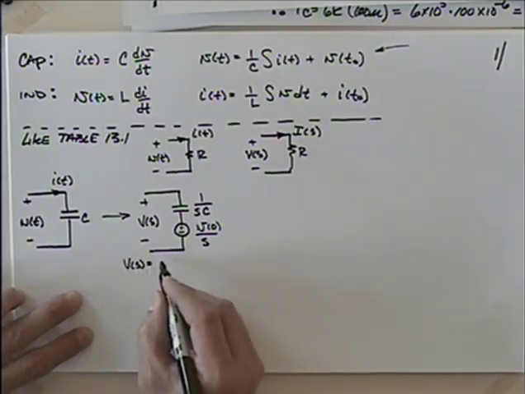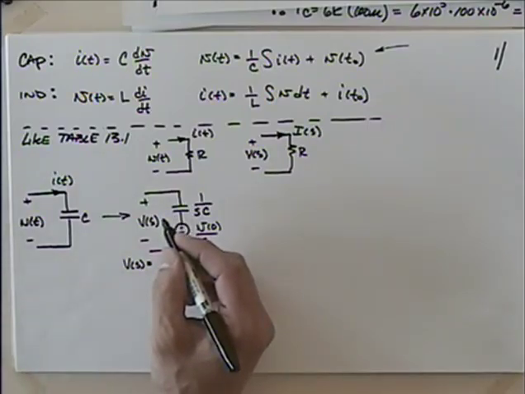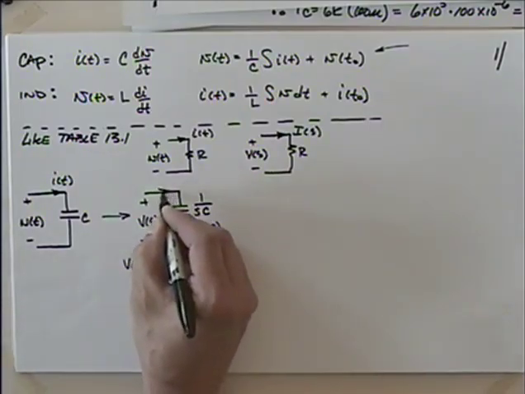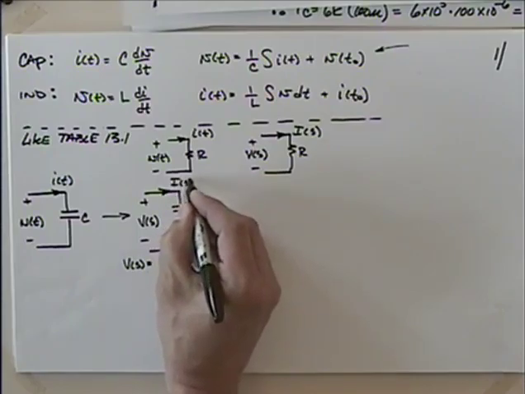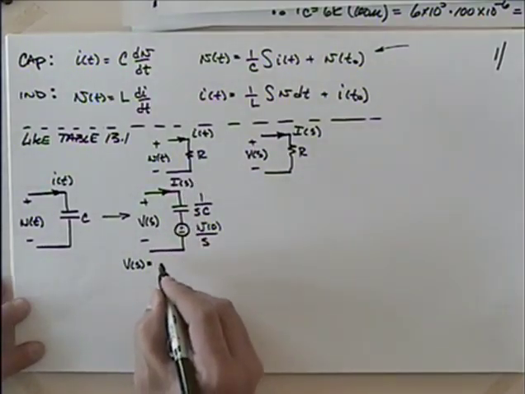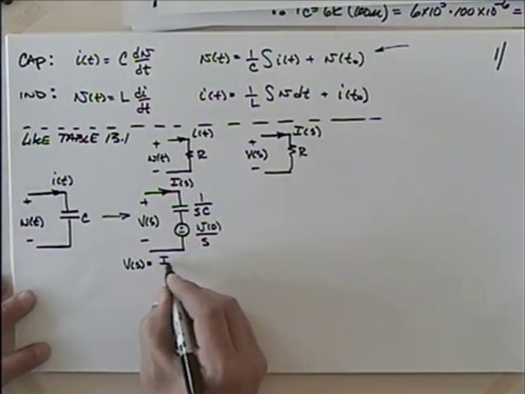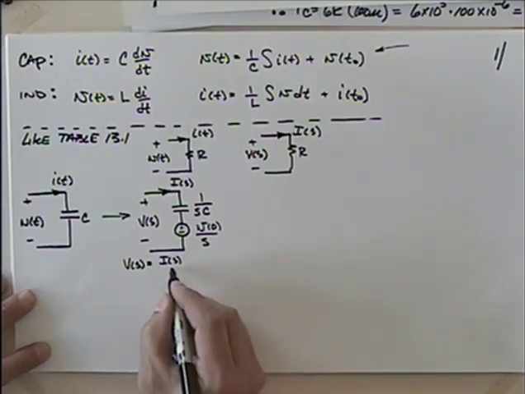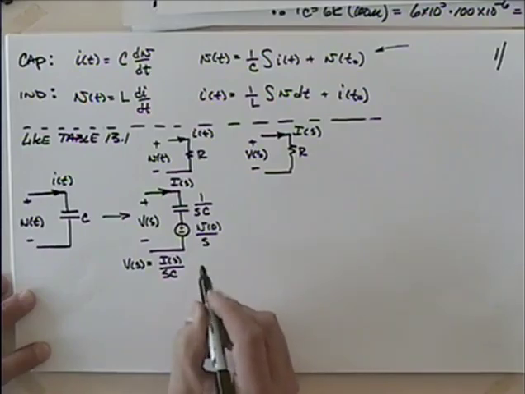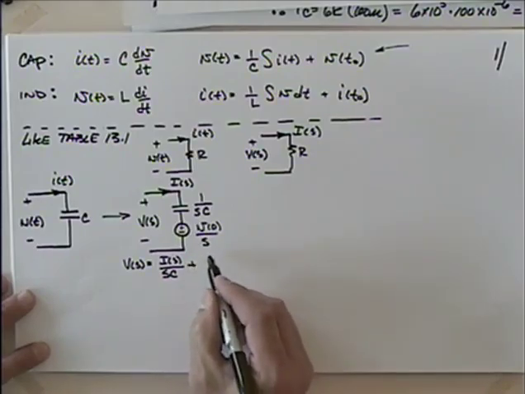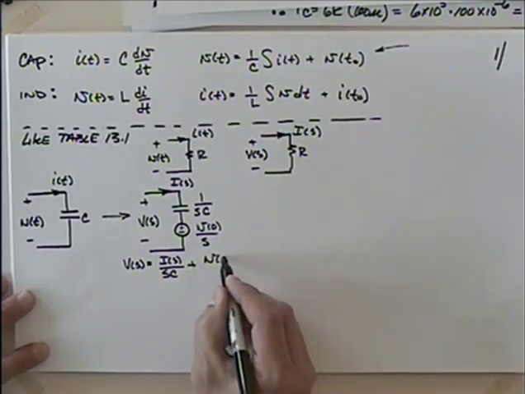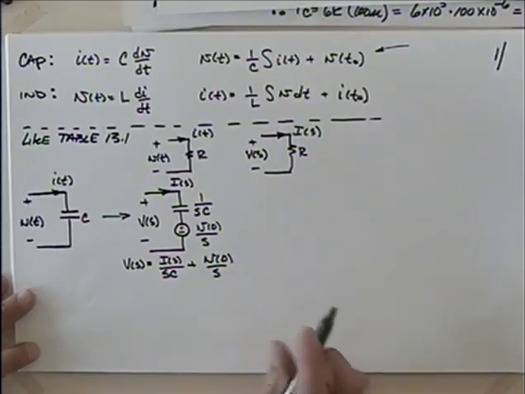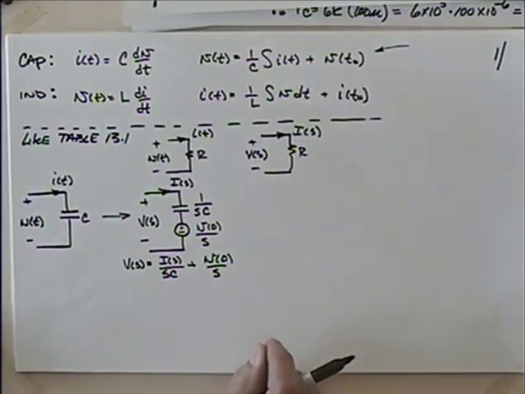I'll put the current here, I'll say this is I of S. So I could say that the voltage is I in the S domain divided by SC, that accounts for the capacitor, and then I have V naught over S for the initial voltage there. Double check that, yeah, I think we're okay.